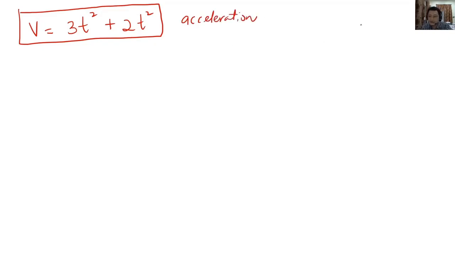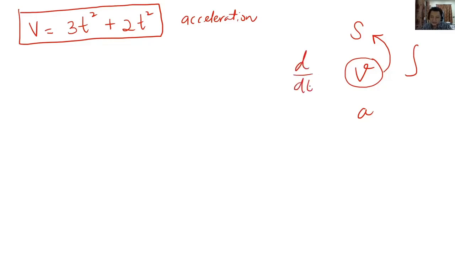If you don't remember, you can draw this as S, V, A. Just now you were trying to find displacement, so you integrate. If it's this side, or if you're trying to go here, you need to differentiate. So V is equal to this value, and you need to do dV over dt, so differentiate.